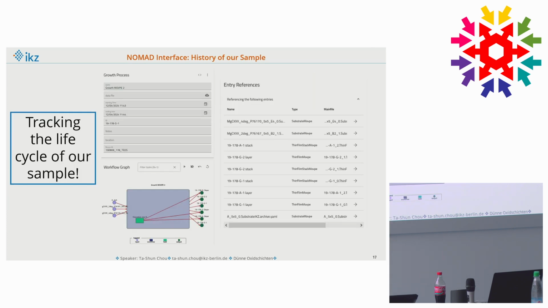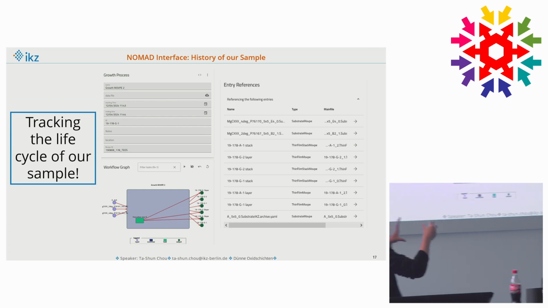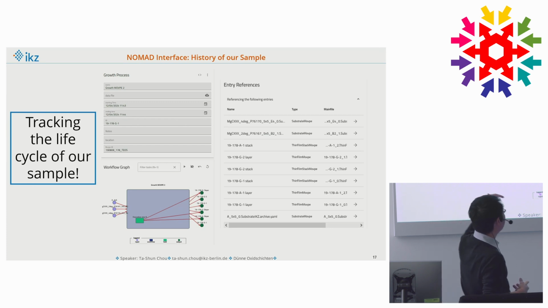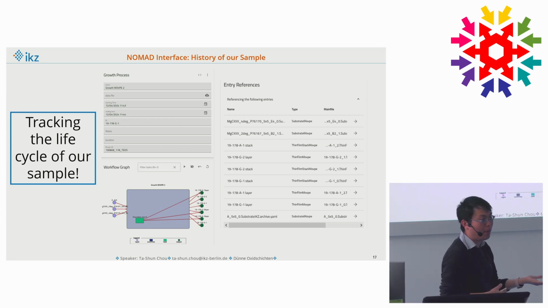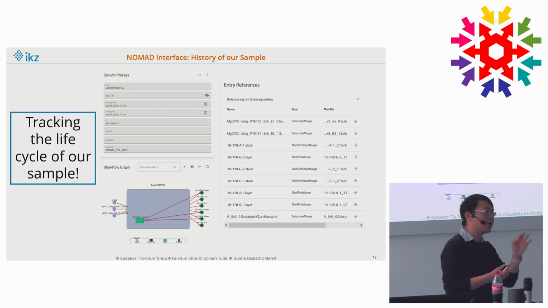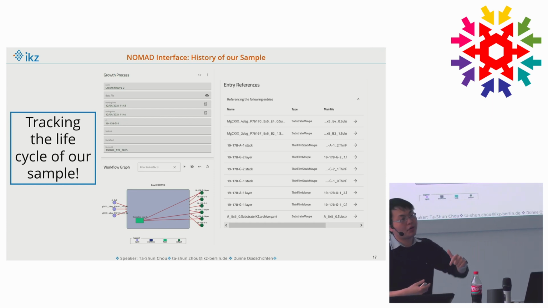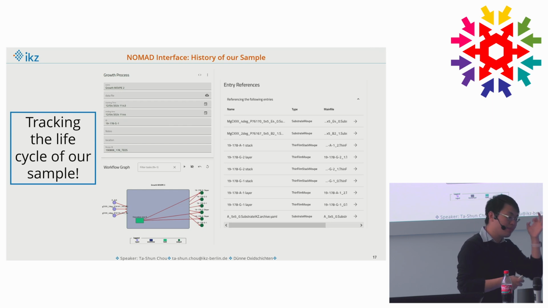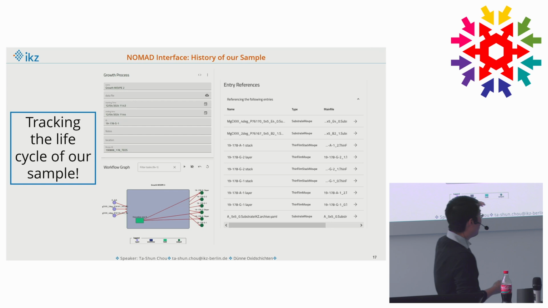Yeah, and with all the data, another thing we can do is that we are able to track the life cycle of our sample, because as we mentioned, our goal is to do the device. Therefore, simply growing the film is just 50% of the job done. So later on, we may do annealing, we may deposit electrode on the top, we may do some cleaning or etching afterwards.